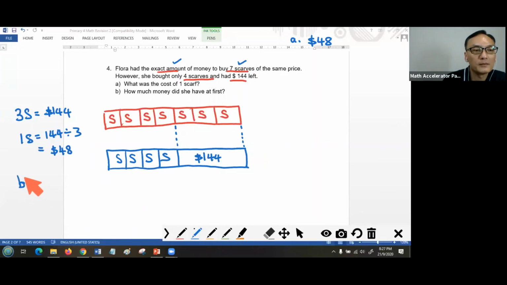So B, $48. She has enough to buy 7, so we multiply by 7. What do we get?